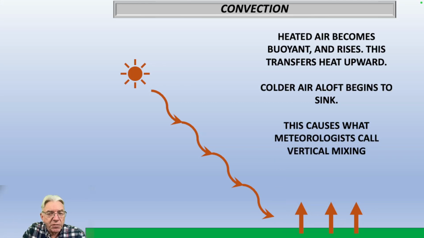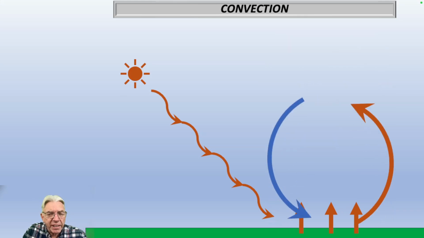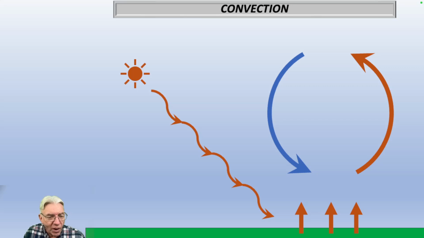And it sets up this circulation, is what meteorologists call vertical mixing, okay? So this is what that ends up looking like, where the warm air rises, the cold air sinks, and so it's almost like a big spoon, okay, that's stirring up the atmosphere and keeping it well mixed and preventing the warm areas from getting too warm and the cold areas from getting too cold.